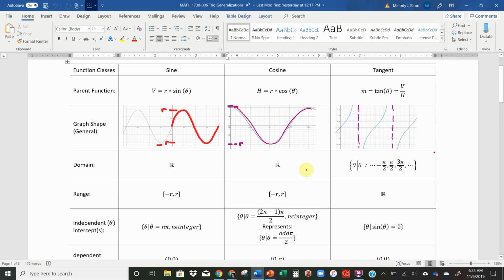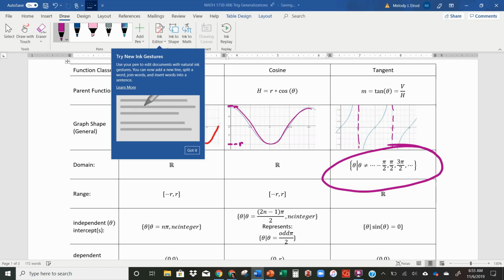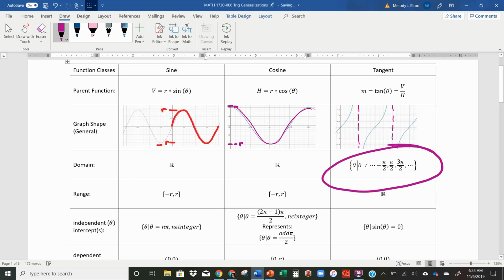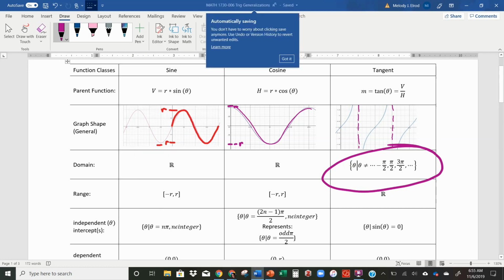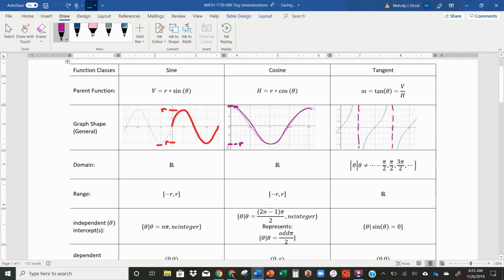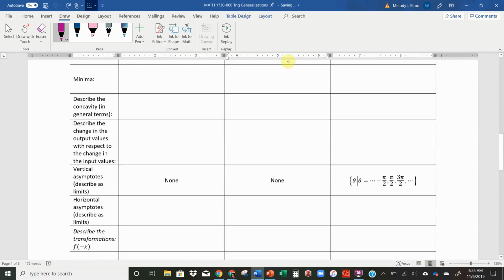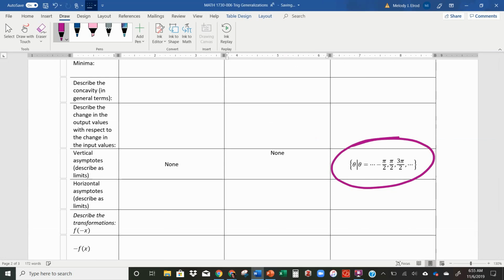This is one of the notations that we used for the domain, which is actually equivalent to looking at where the asymptotes are, that the domain reveals that. So we'll continue talking about that information in class.